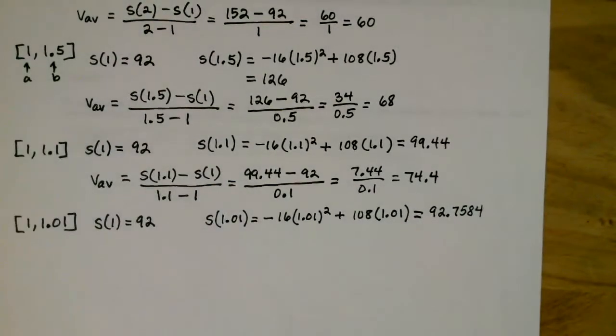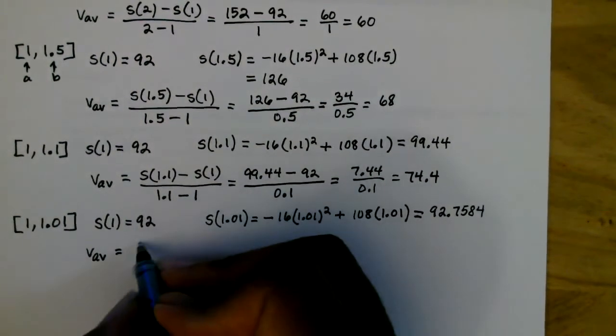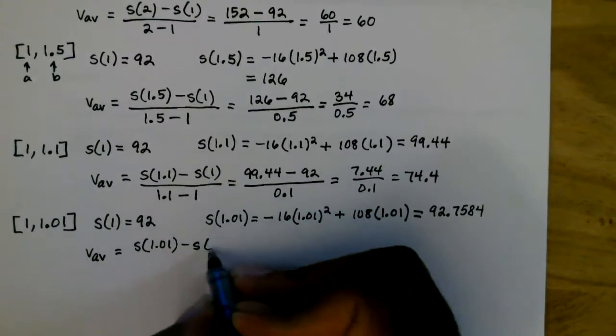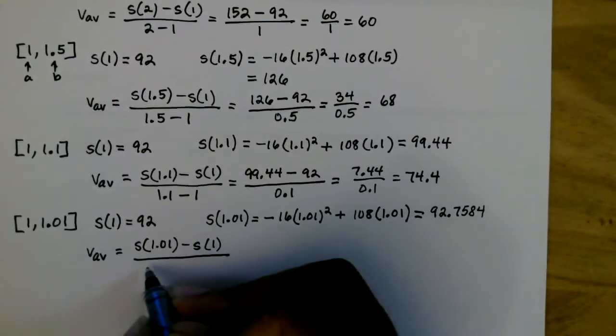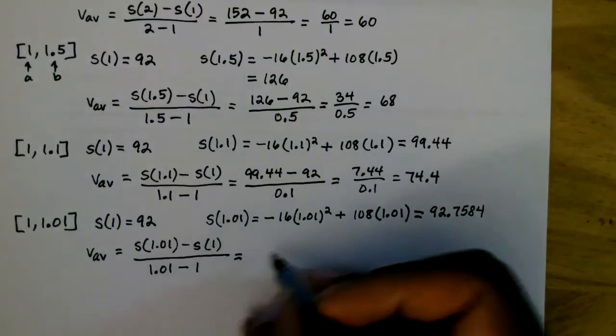So that's what S of 1.01 will be. So again, we find the average velocity. That will be S of 1.01 minus S of 1 divided by 1.01 minus 1.